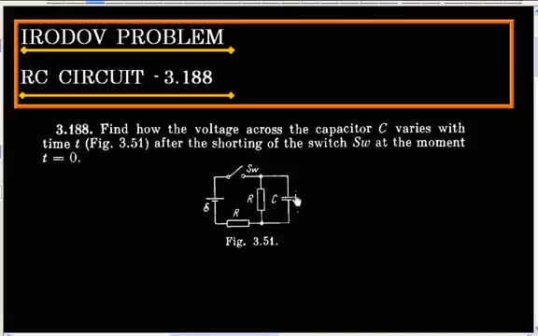Now this circuit contains a capacitor, two resistors and a battery. Initially the circuit is open, that is, there is no current inside the circuit. At t equals 0, this circuit is closed.